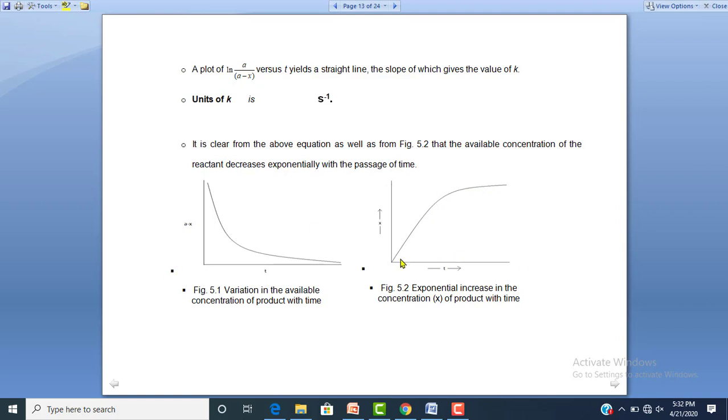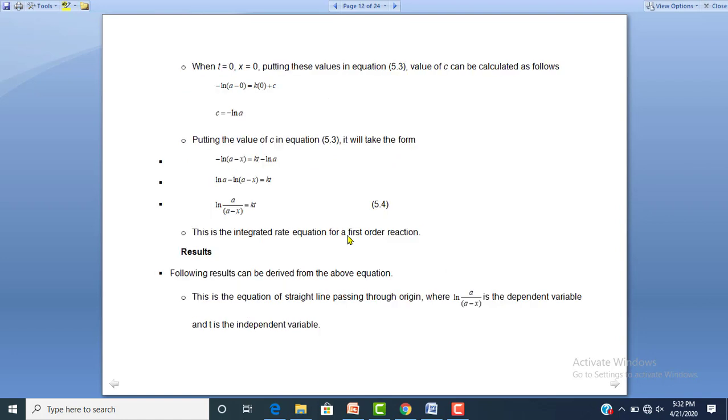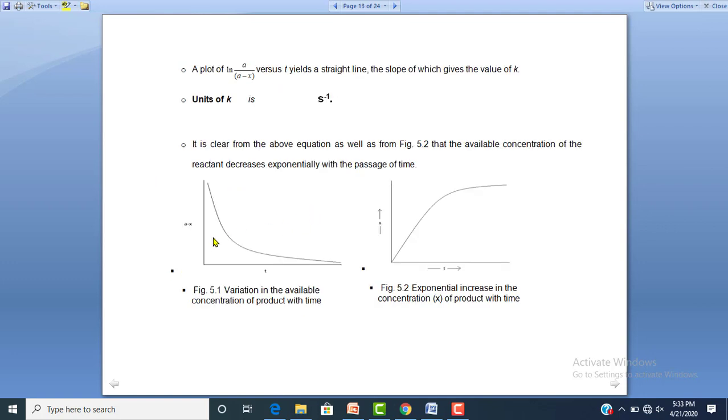So both these graphs can be applied with reference to the equation 5.4. You either can draw a graph between log natural a and time, or log natural a over a minus x and time, and ultimately you will get two types of different plots. The unit of the rate constant k will be per second.